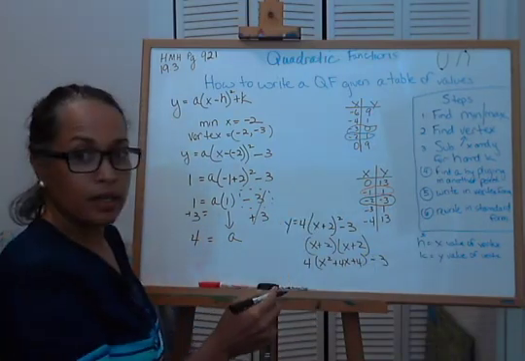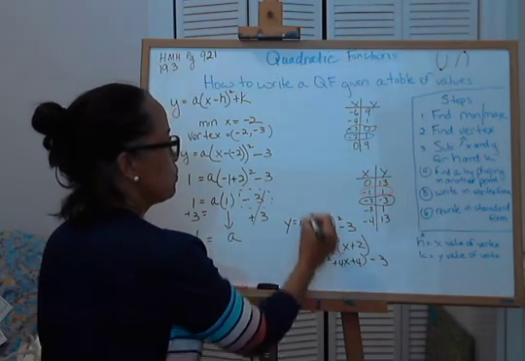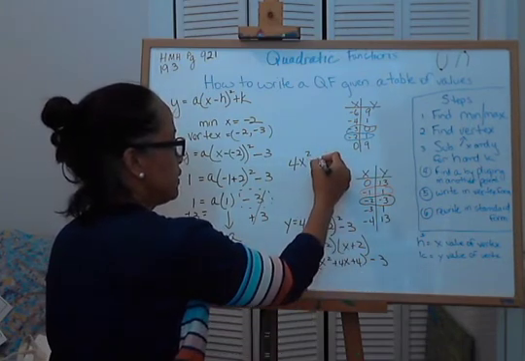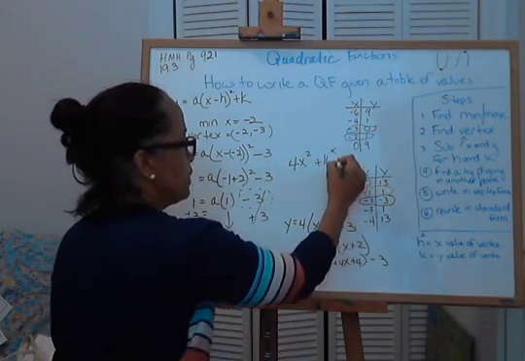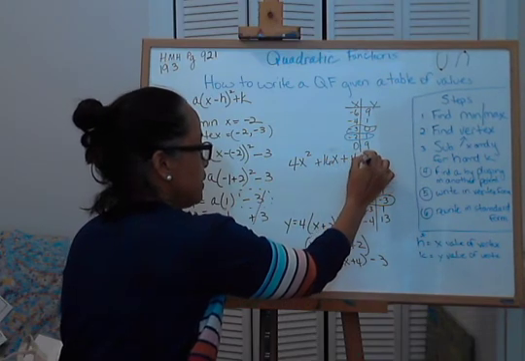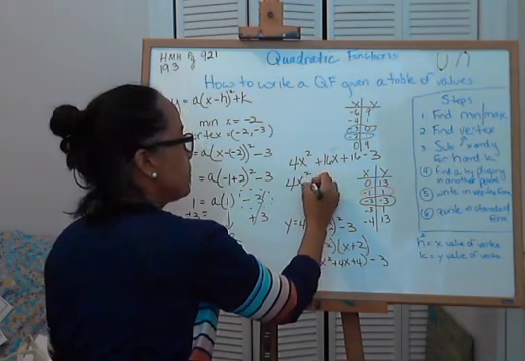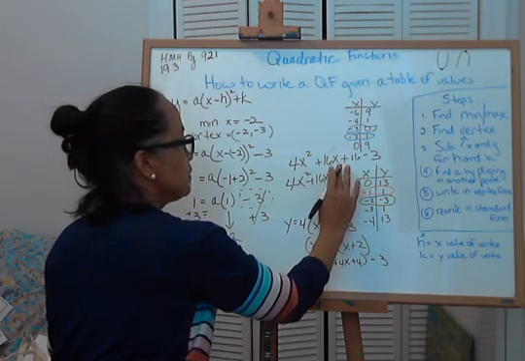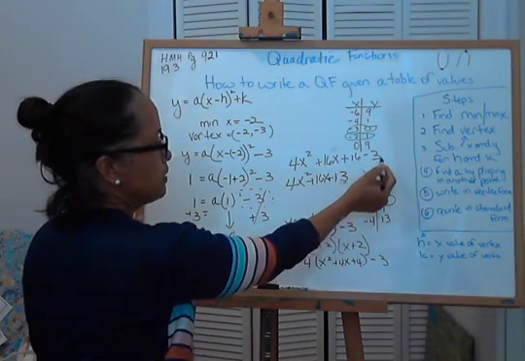So I'm going to write it up here so you can see it. 4 times x squared is 4x squared. 4 times 4x is going to give me plus 16x. And 4 times 4 here is plus 16, minus 3. I have 4x squared plus 16x plus 13, because 16 minus 3 gives me 13.